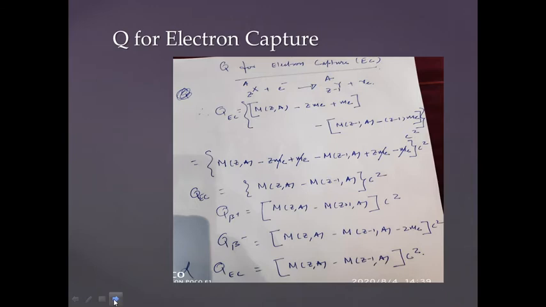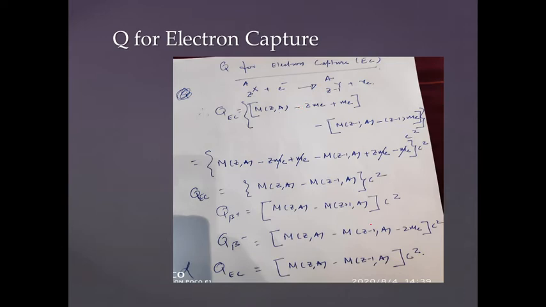Now let's look into electron capture. In electron capture, what happens? Z again changes to Z minus 1. As I said, the daughter in the case of electron capture and positron emission is the same. So this is Z minus 1. The electron has now shifted to the left-hand side because it is captured by the parent nucleus and gets converted into the daughter.